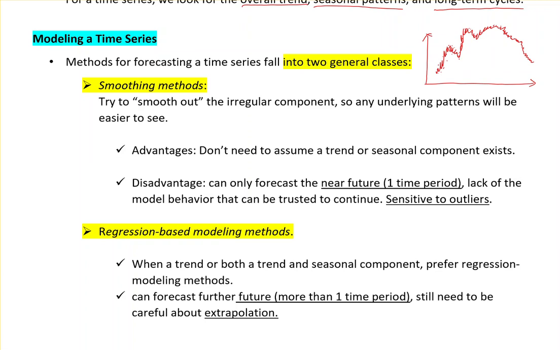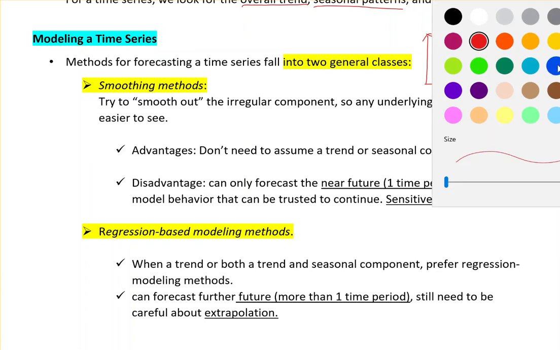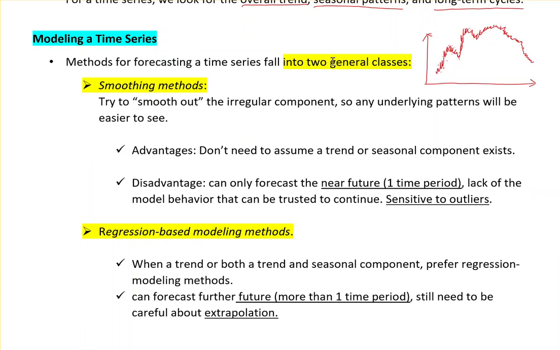So what does that mean? For example, this is my raw time series. Based on the raw time series, it is hard for us to find a stable pattern, because of these random fluctuations.